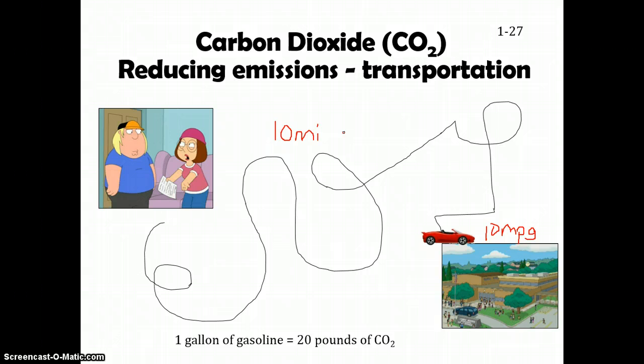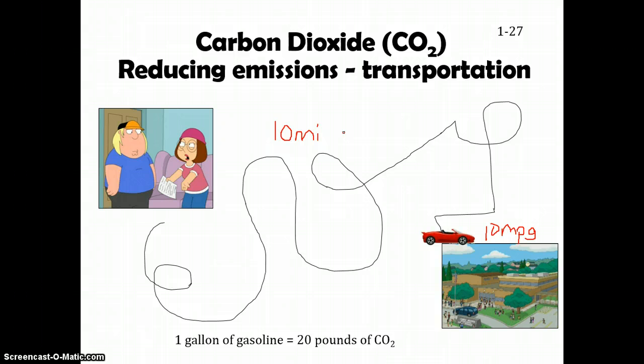Now the importance in this is that no matter what kind of car it is, if you burn a gallon of gasoline, that releases 20 pounds of carbon dioxide. Now that may be kind of hard to imagine because obviously you can't just get a bathroom scale and weigh carbon dioxide. A pound of carbon dioxide is like one of those exercise balls.